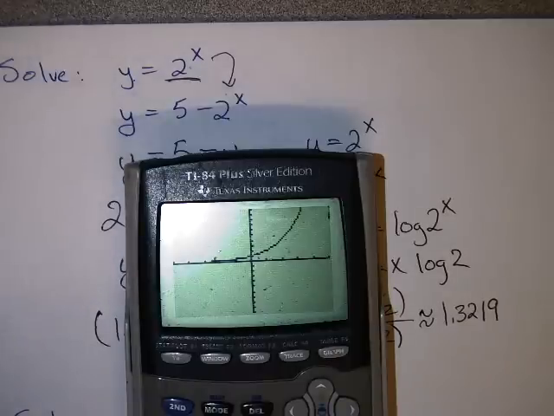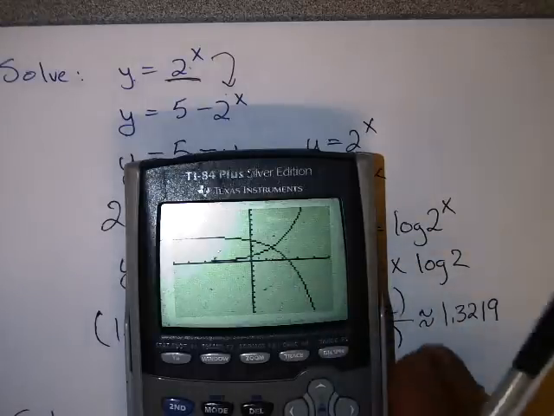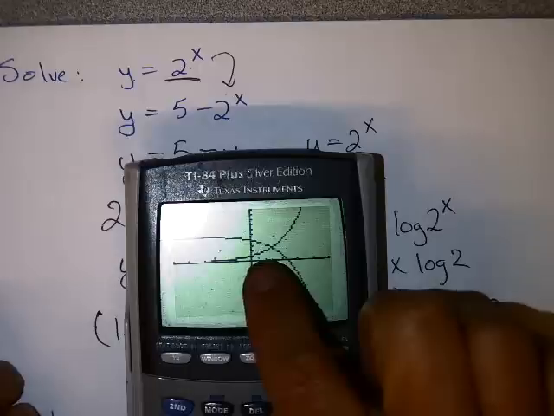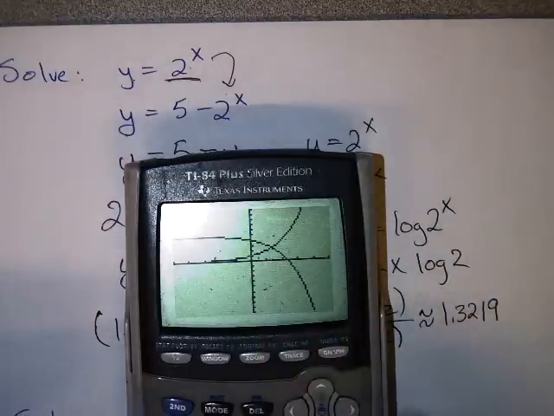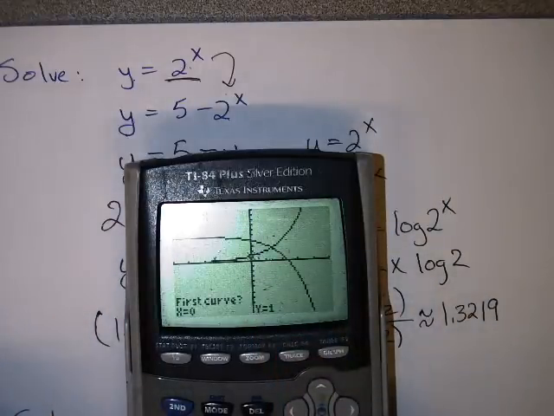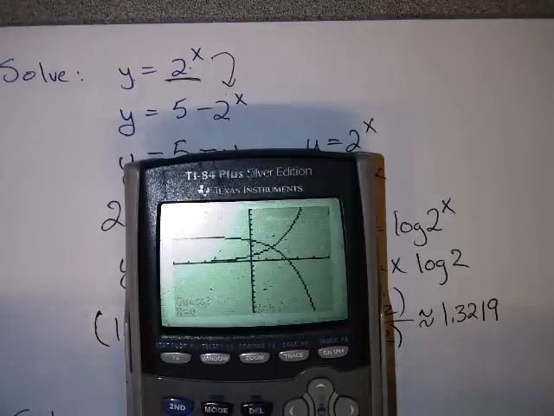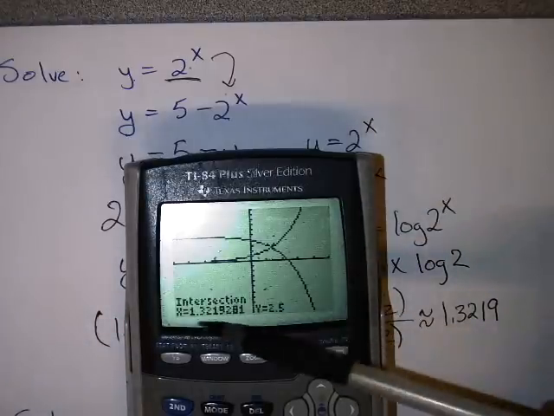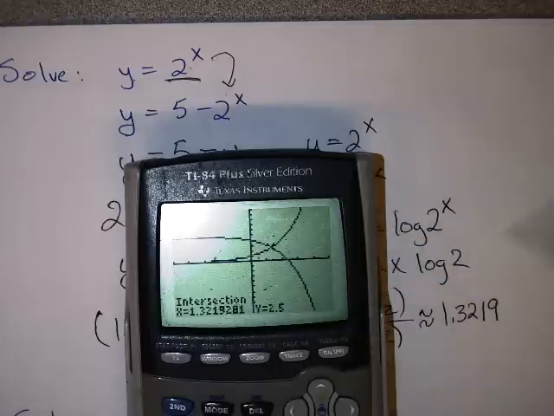There's 2 to the x. There's 5 minus 2 to the x. This point right here looks like it could be 1.3219. Let's calculate that with intersect. First curve, second curve, guess. Here we go, 1.3219, and y equals 2.5.